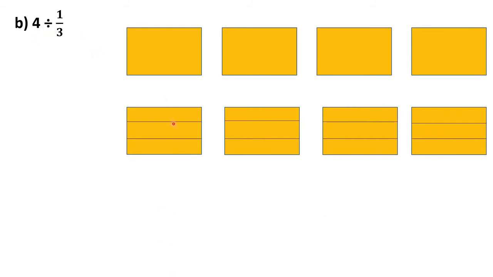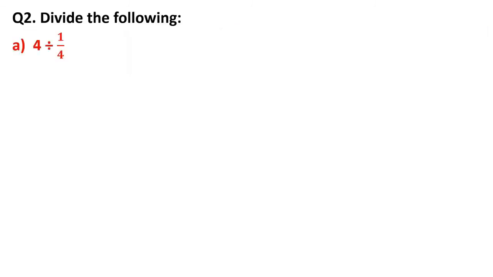Now how many total boxes do we have? 1, 2, 3, 4, 5, 6, 7, 8, 9, 10, 11, 12. So total 12 boxes we are having now. So you can see here, 4 divided by 1 by 3, when we take the reciprocal, we get 4 multiplied by 3 by 1. So 4 into 3 gives you 12 by 1, and that is equal to 12.